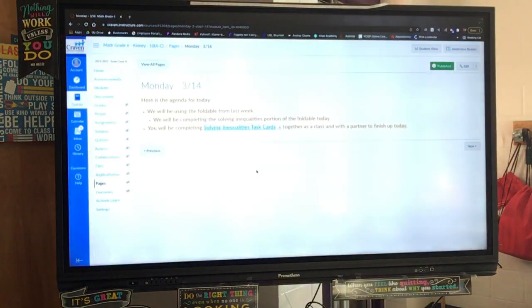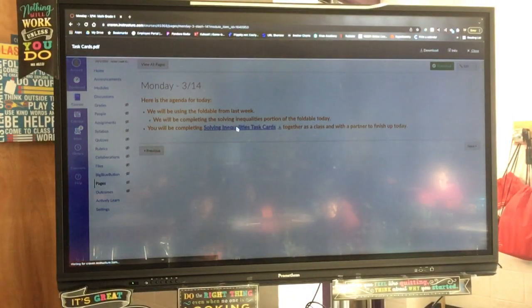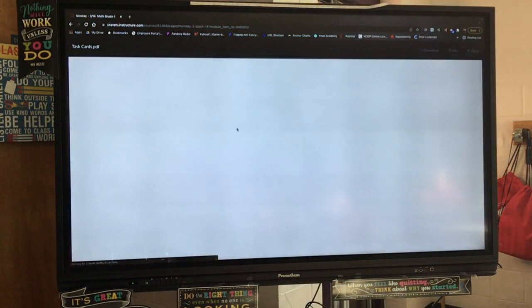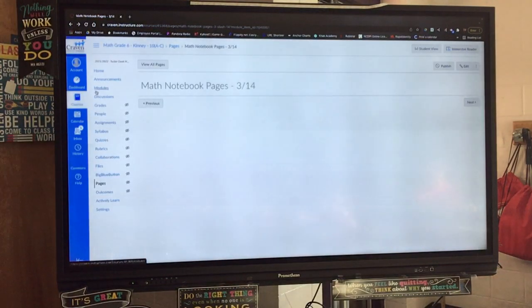Yay. Okay, so you're going to click on the solving inequality task cards. You're going to be able to write on the task cards if you need to, but your work is going to be done. Is it not showing up? Oh, it's because I didn't publish the week. That's why.